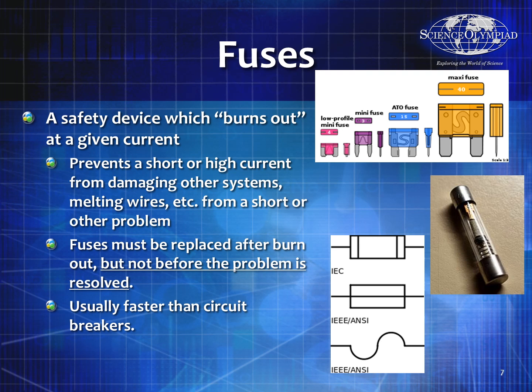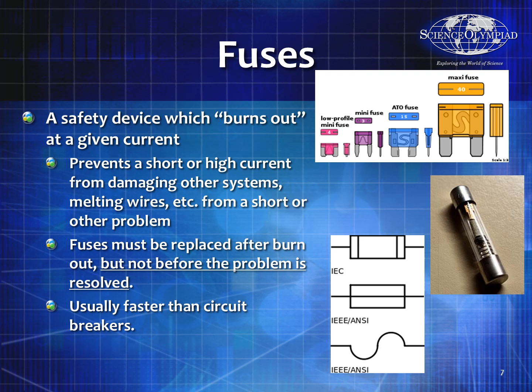So a fuse basically is a safety device that, as long as you stay under a certain current, acts like a short. It's like you don't even see it there, which is wonderful. However, to protect the device and the wires and everything else, if it goes above a certain current, it has a filament that's specifically designed to burn very quickly.